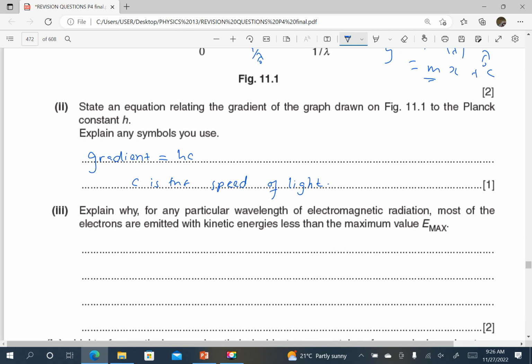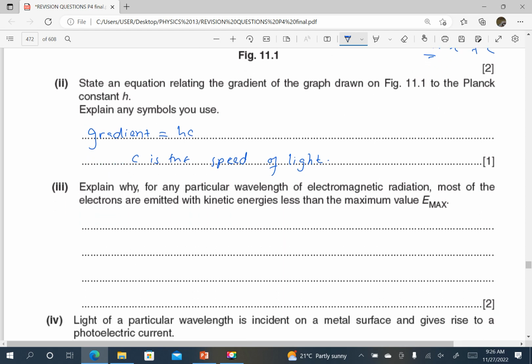Okay, explaining why for any particular wavelength of electromagnetic radiation, most of the electrons are emitted with kinetic energy less than the maximum value. I have already mentioned that it is the surface electrons which have maximum kinetic energy, because for them, they are almost free.